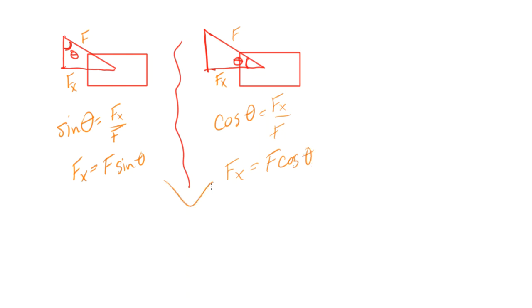So this is the reason why I don't want you to get too used to using the formula that's given on your reference sheet, which is work equals force dot distance. I'll erase that real quick.